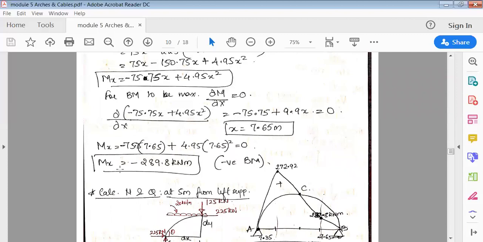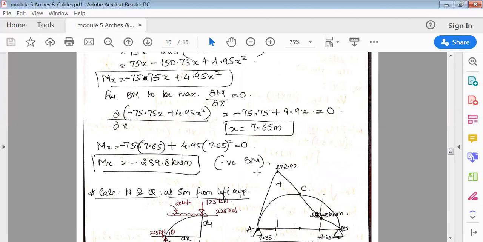Now bending moment would be minus 75.75 in place of x 7.65 plus 4.95 into 7.65. Because it's a negative, you get a negative answer. So this is nothing but the maximum negative bending moment.